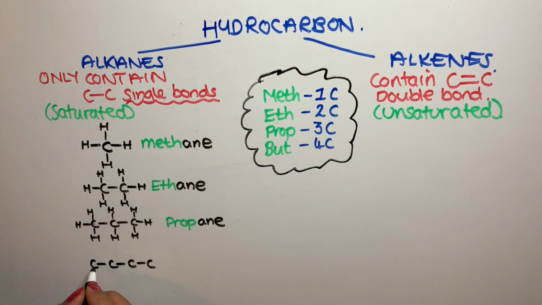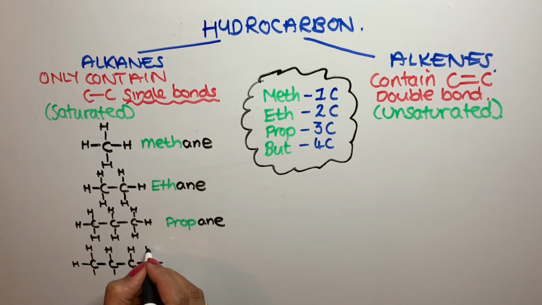So I've got 1 there, 2, 3, 4, 1 there, 2, then 3, 4, 1, 2, 3, 4, and for this carbon 1, 2, 3, 4. So all the bonds that are not the carbons bonding to each other are bonded to our hydrogens, because it's a hydrocarbon. So carbons and hydrogens only.